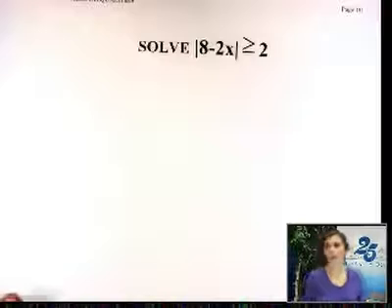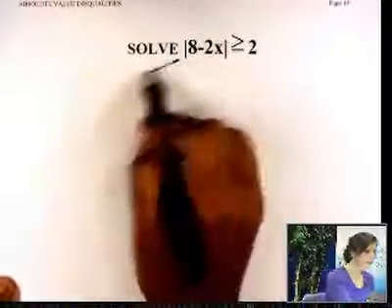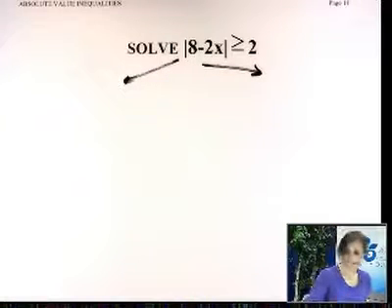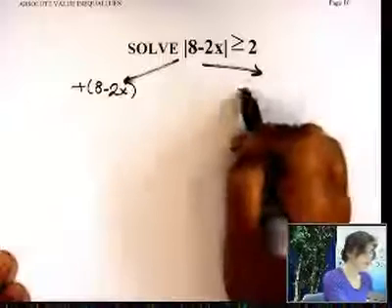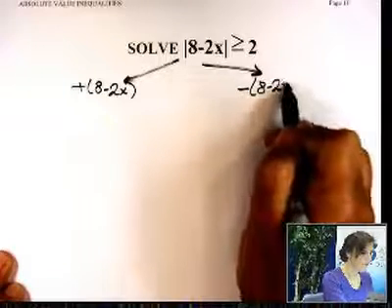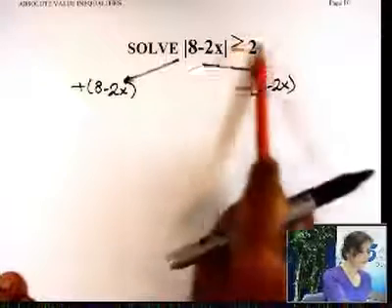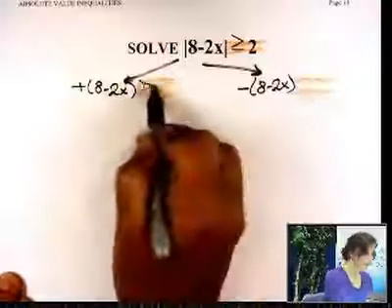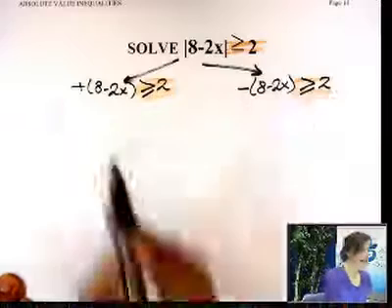Okay, how about with the equal thing? Okay, two parts. Let me change my marker. Positive, negative. This part stays the same. Okay, let's work it out.